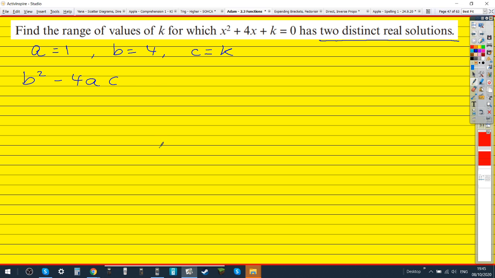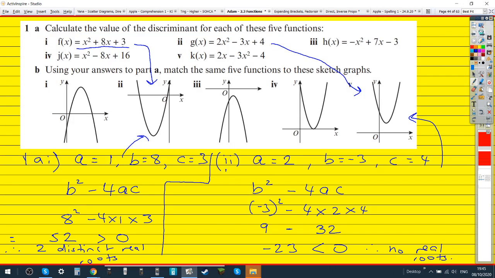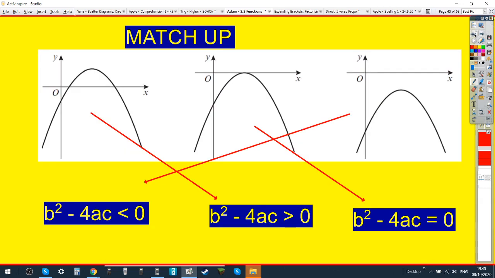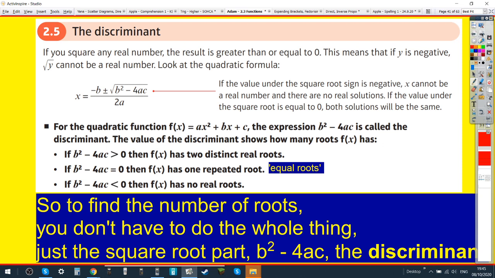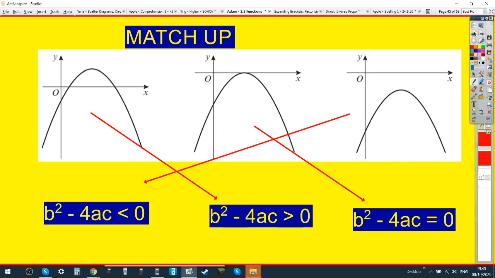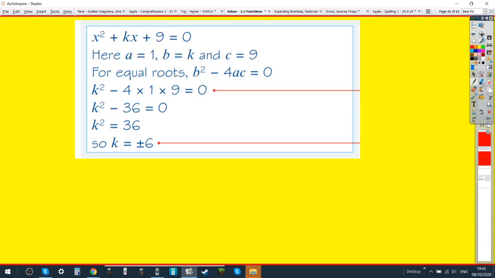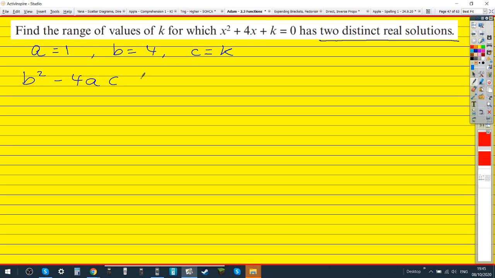For what values of b squared minus 4ac do you get two real roots? Oh, okay. It's greater than. Correct. It's b squared minus 4ac greater than 0.